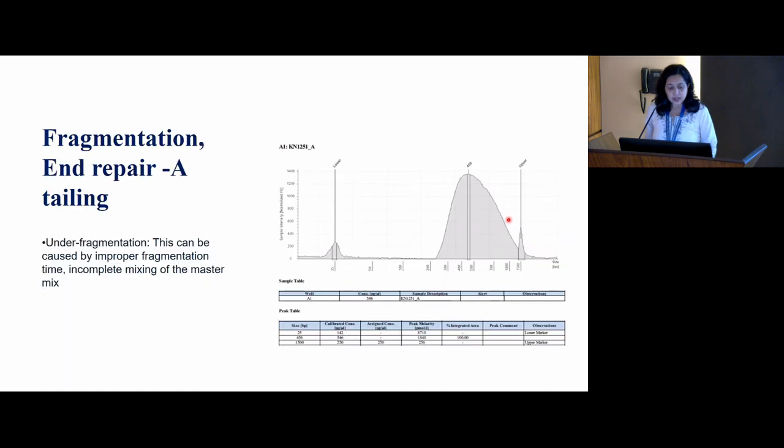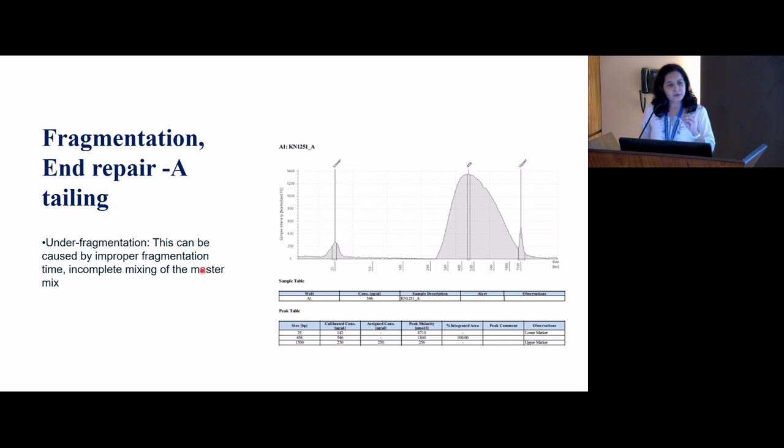Okay, fragmentation. Under fragmentation means improper fragmentation. Fragmentation is cutting your DNA in a proper way. If I am interested in getting 300 base pair DNA, it is not like I am just putting a scissor over it and cutting it there.